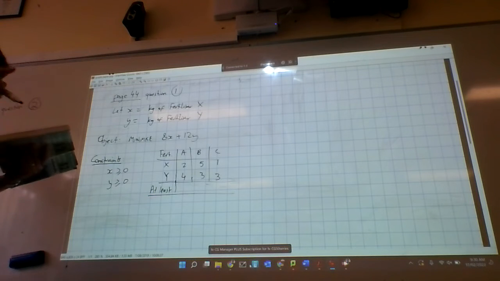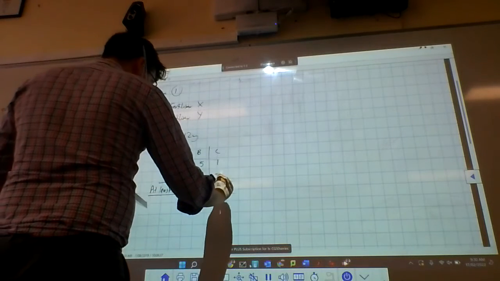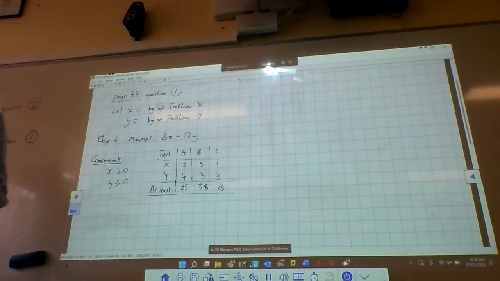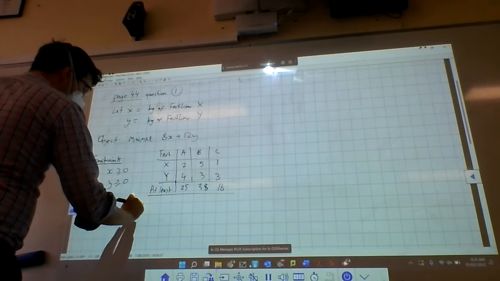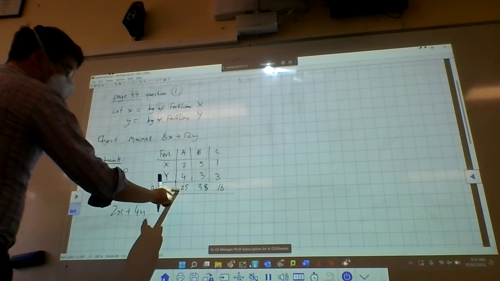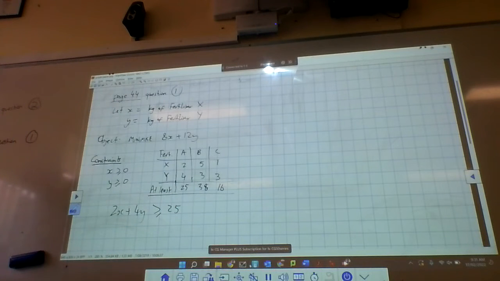What is it? Is it 38? No, 25, 38 and 16. Happy with that? Can we now come up with 3 more constraints? 2x plus 4y is greater than or equal to 25. Yeah, okay.